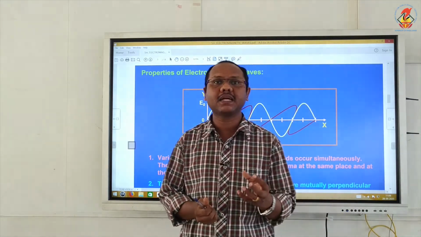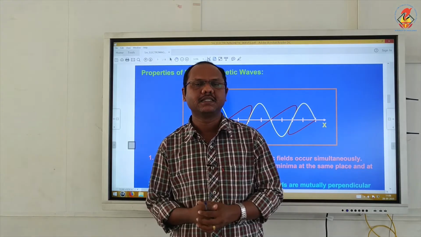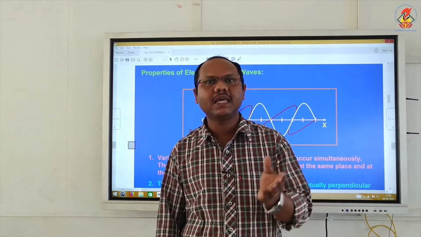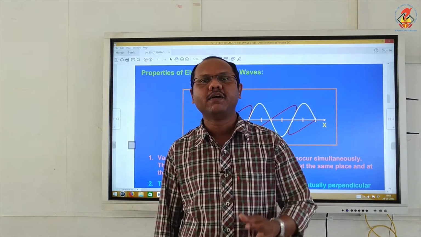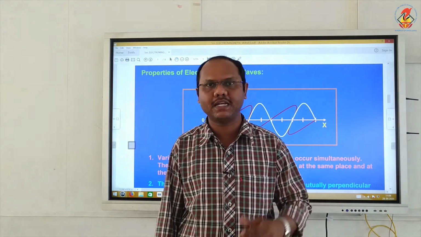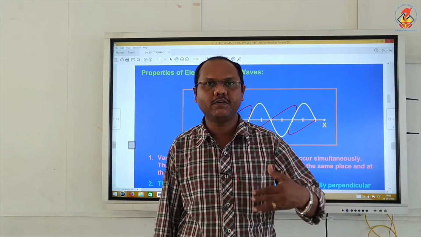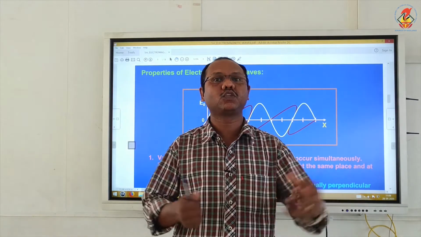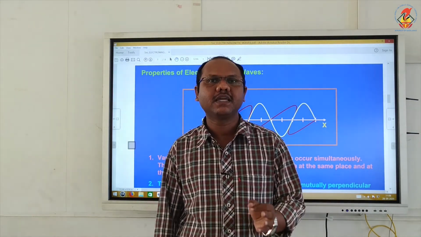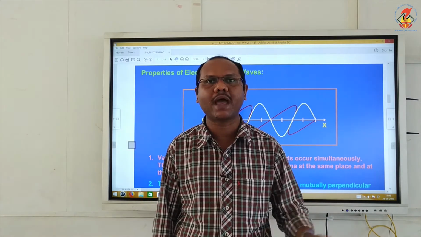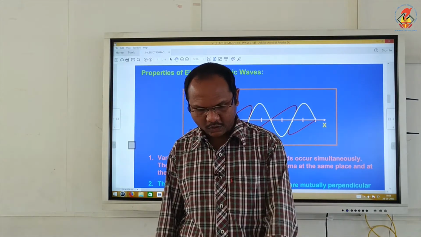When a charged particle is accelerating, it will produce a variation in the electric field, which again produces a variation in the magnetic field. So, the variations in electric and magnetic field propagate through space even if there is no medium. It can propagate in vacuum. That is called electromagnetic wave.